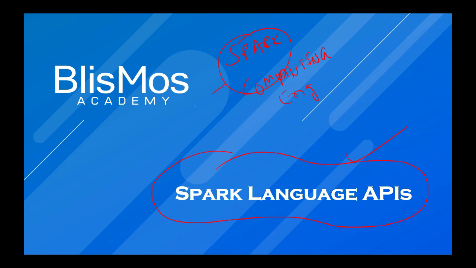Now, in order for Spark to support the languages, Python or Scala or Java, these two are not the same. They have to interact through APIs to make sure that Spark can support the different languages.